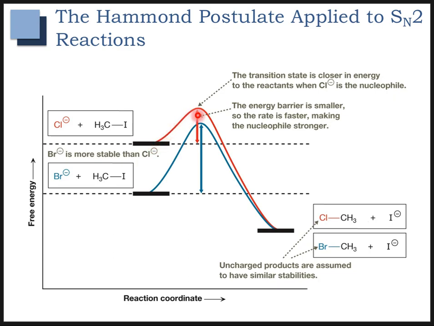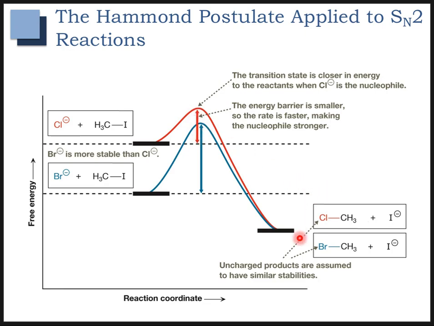And so that means that if we're going to look at the Hammond postulate, this would be what we call an early transition state because it's closer in energy to the reactants. Down here, we also have an early transition state, but it's not as close, right? Look at the energy barrier. We have a larger energy barrier, so that means the transition state is less similar to the starting materials than in this case, where the energy barrier is lower.